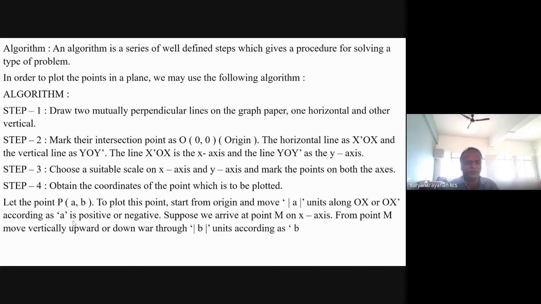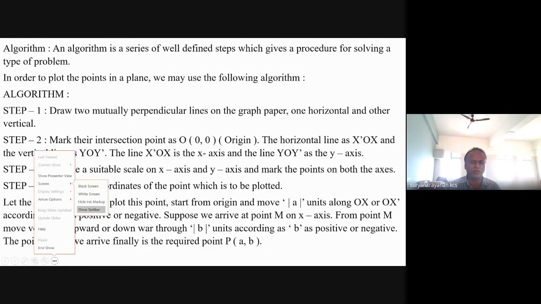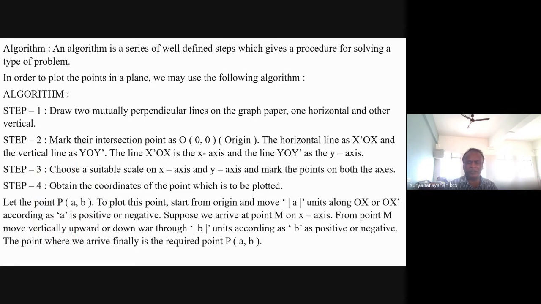From the point M, move vertically upward or downward through modulus of b units according as b is positive or negative. The point where we finally arrive is the required point P(a, b). These are the steps we have to follow to plot a point on the Cartesian plane.